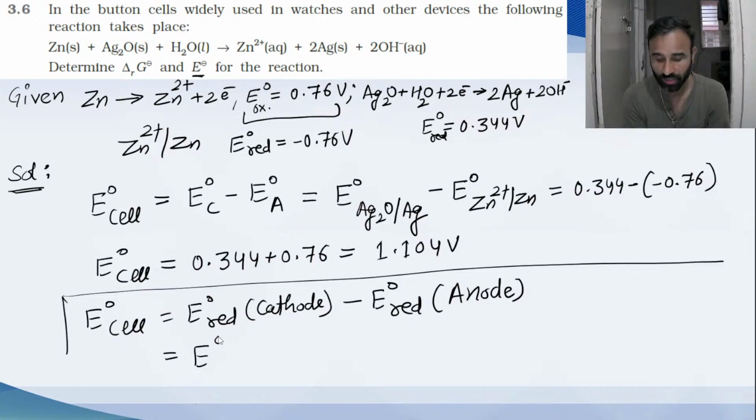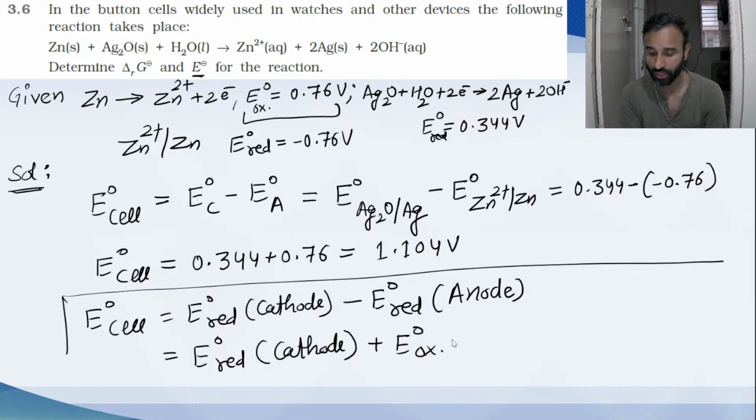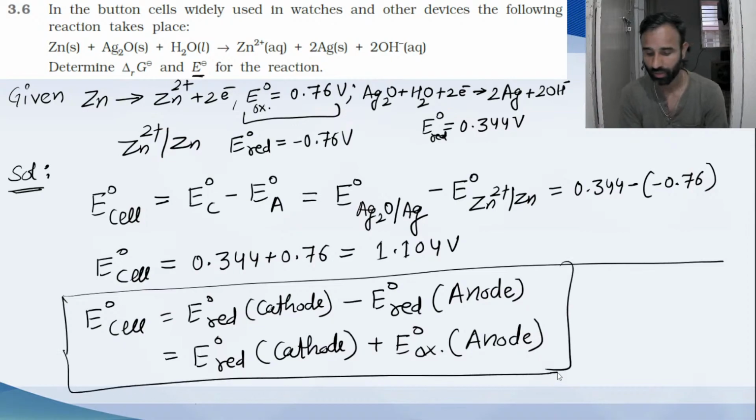Otherwise you can write it as E° reduction of cathode plus E° oxidation of anode. This is the formula to calculate E° cell. E° reduction of cathode minus E° reduction of anode, or if E° oxidation is given at the anode, then you can write E° reduction of cathode plus E° oxidation of anode.